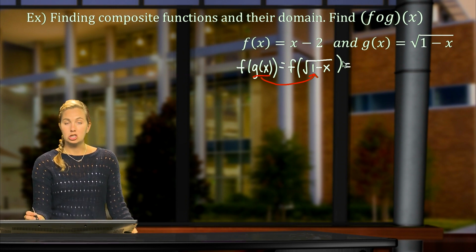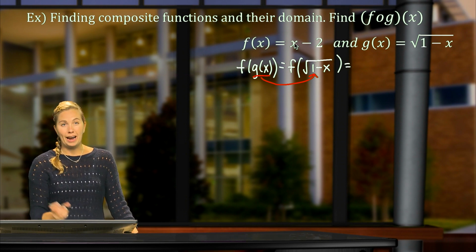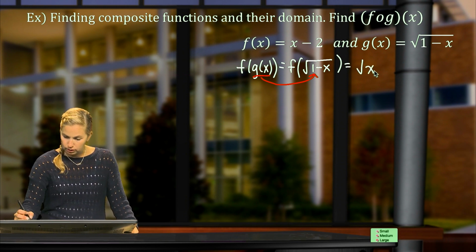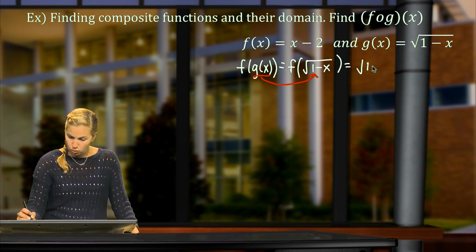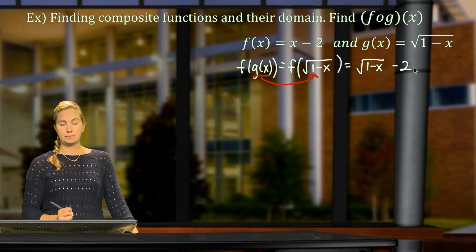Now, this notation says to take this whole thing, this whole radical, and plug it in for x in f. So we have the square root of 1 minus x, minus 2.